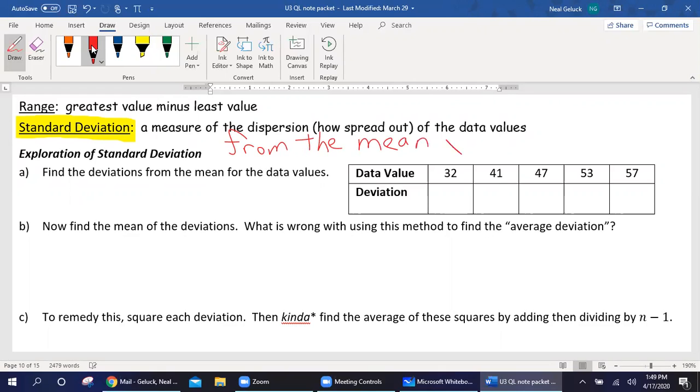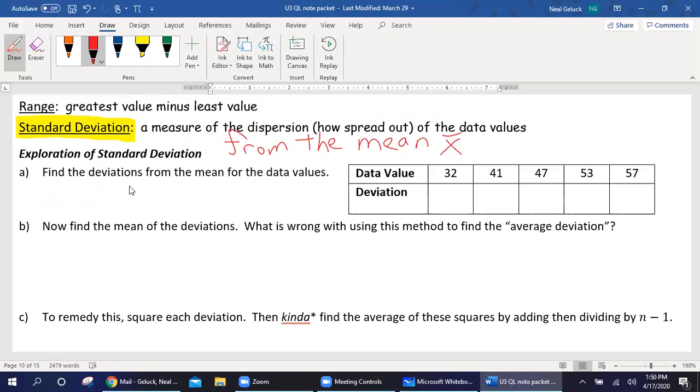And a reminder, the mean is X bar. So basically it measures how far away each value is from the mean. This first one is going to step us through the standard deviation and explain why we do what we do, because there's a lot of weird calculations that happen.